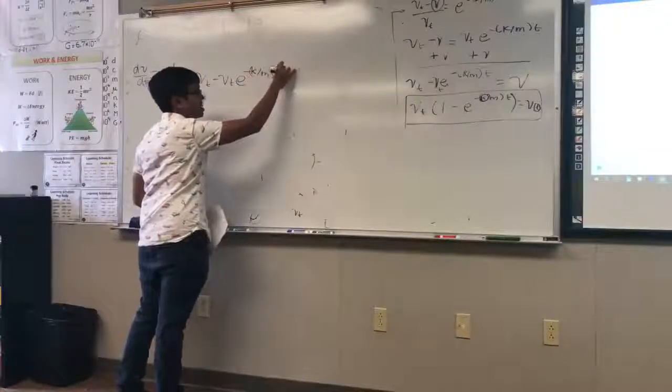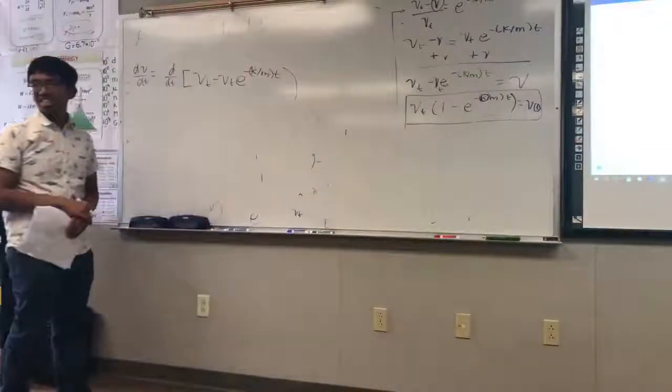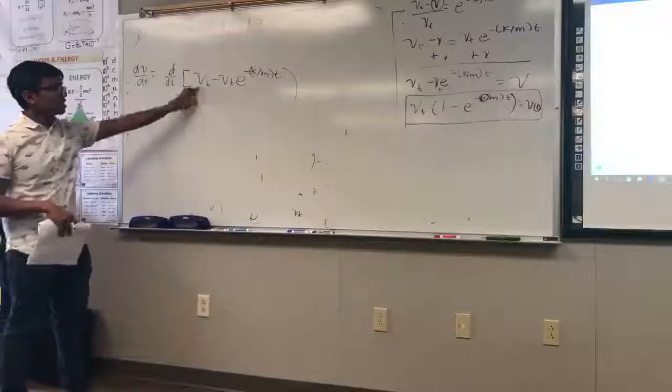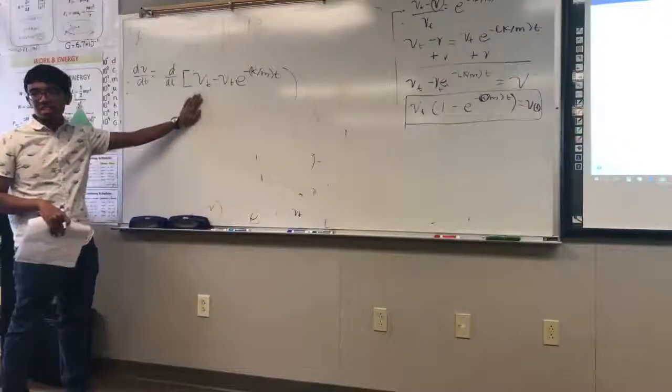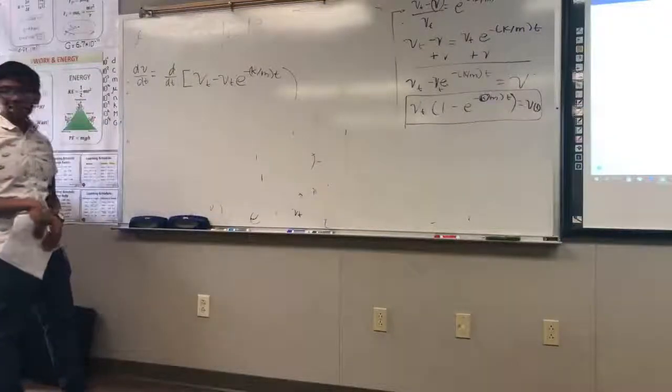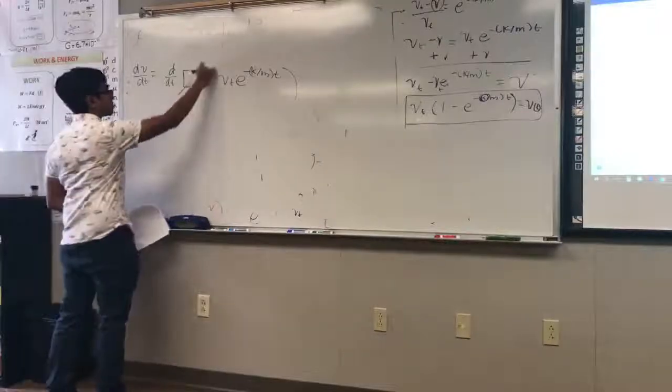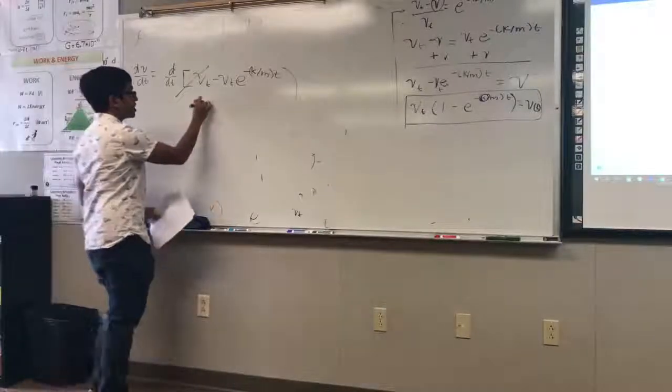And I think everyone knows how to take the derivative of this. So terminal velocity is a constant, so that becomes a 0. So we're just left with this.